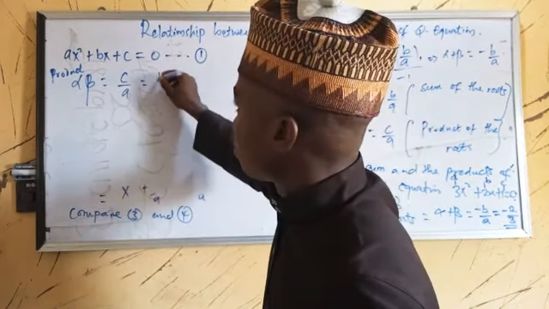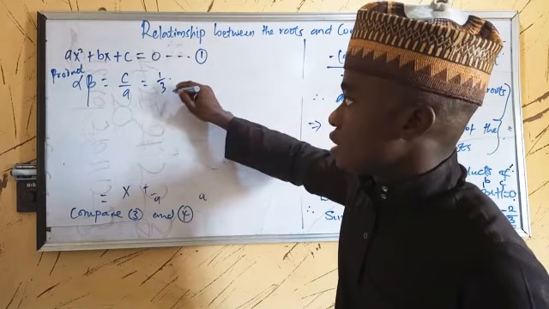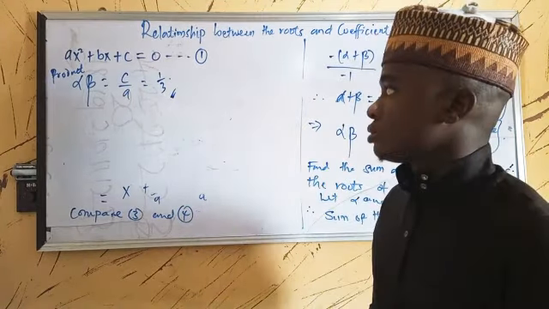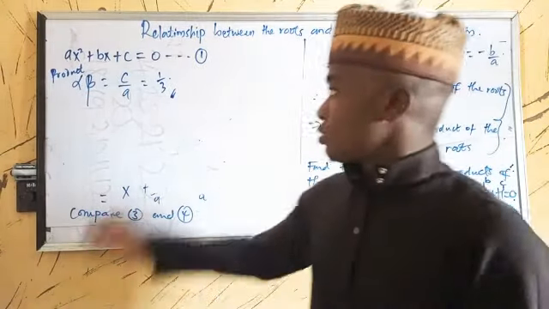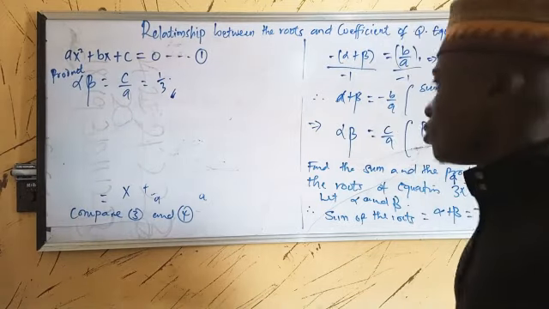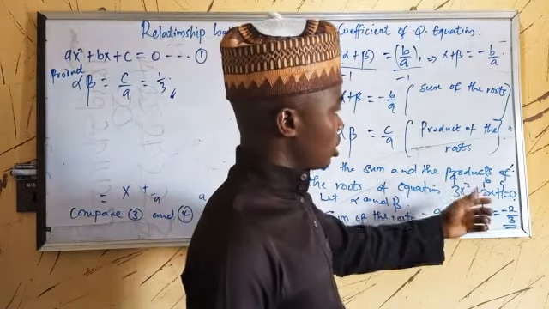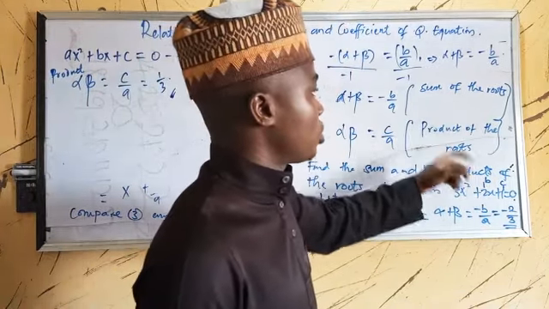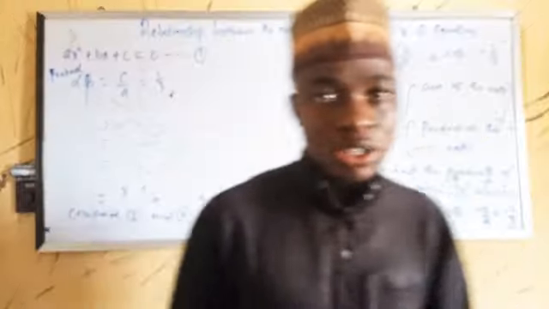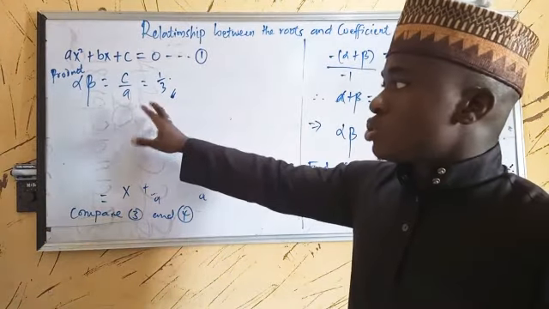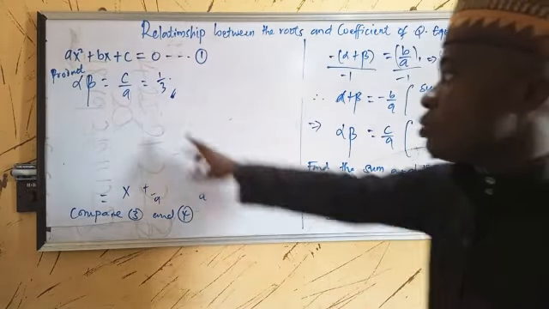Therefore I have 1 over 3, which is the product of the roots. So this is how you can solve problems that involve finding the sum of the roots and the product of the roots. Are you getting it? If you have any question, make sure you ask, if you want to confirm whether you are right or not. So this is the product, and this is the sum.